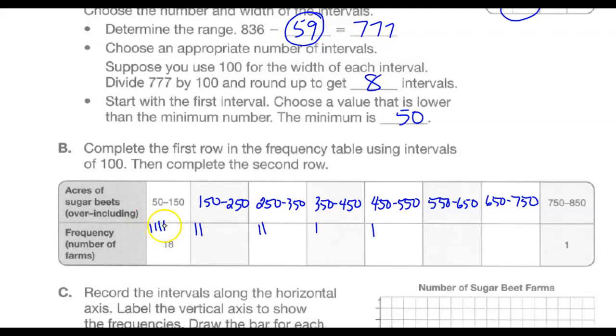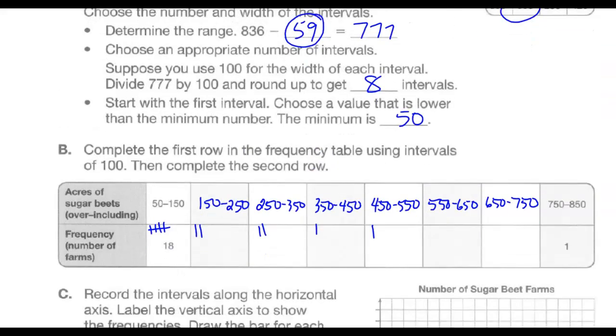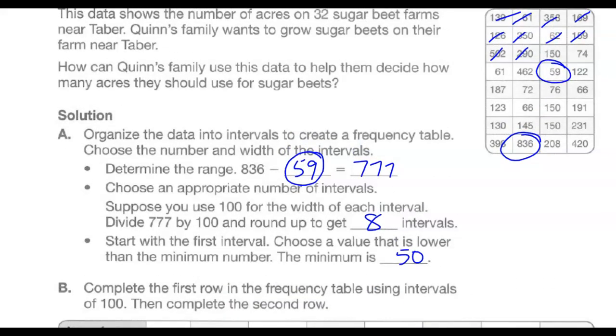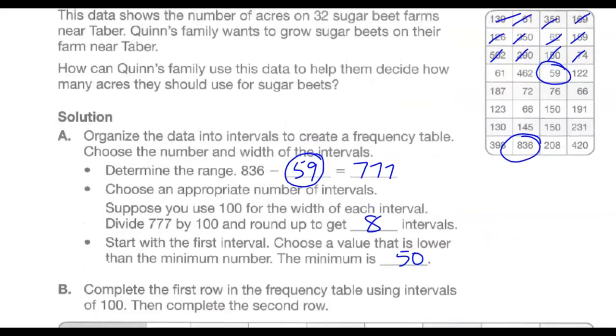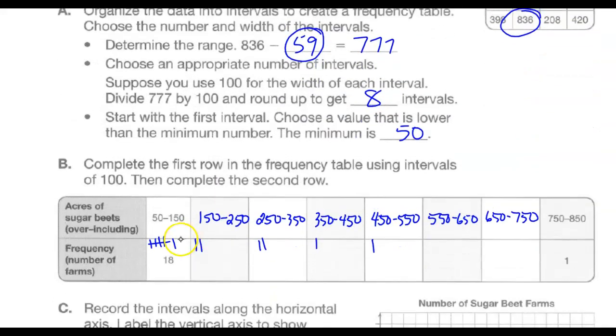I've got to include the 150 in the previous, and 74 as well. Make sure I didn't erase too much there. So I've done 12. Yep, so I'm good. And then 61, 462.